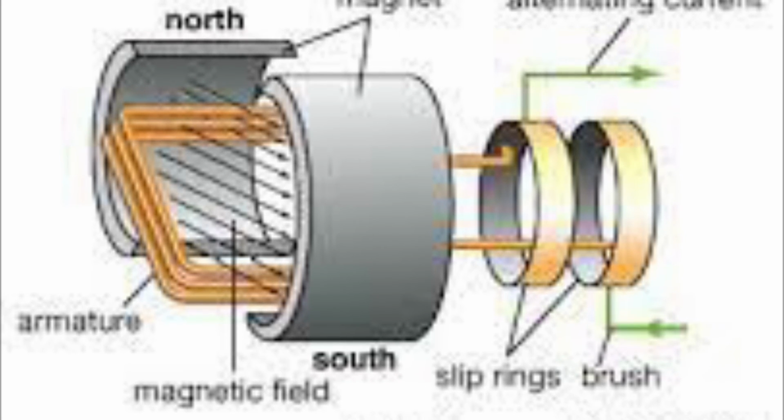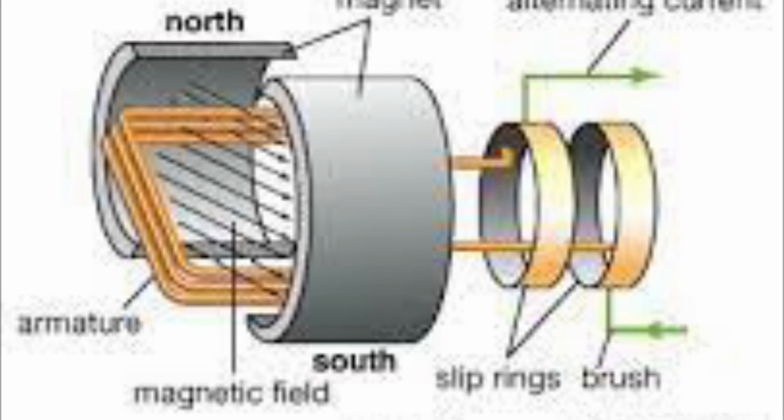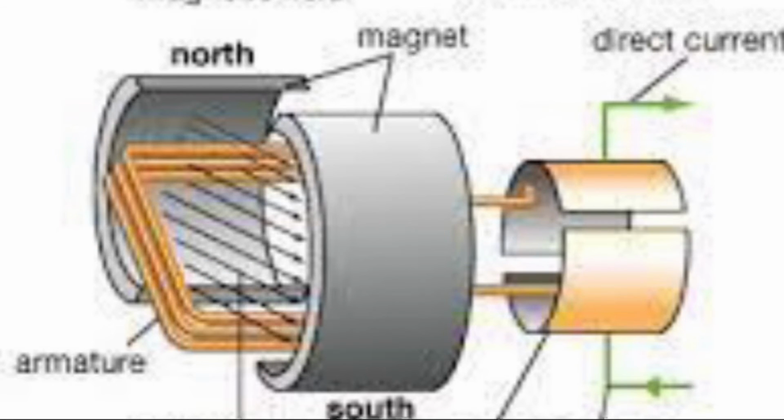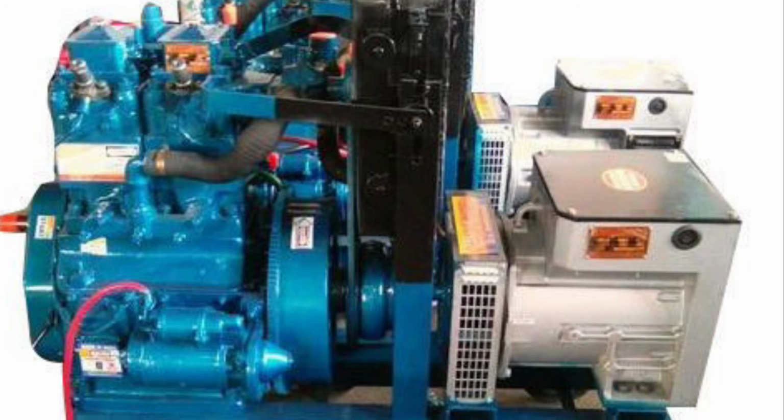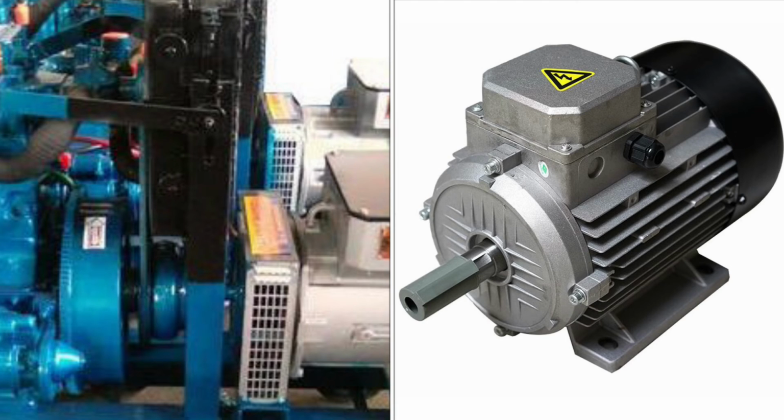Electric motor is converting electricity to create the motion, and the electric generator create the electricity from the mechanical energy. So it's normal to have the similar structure, as you can see.